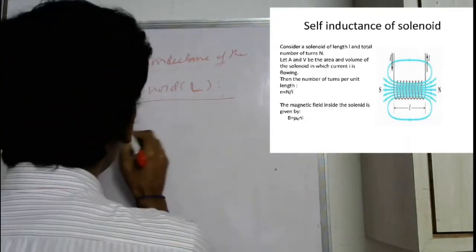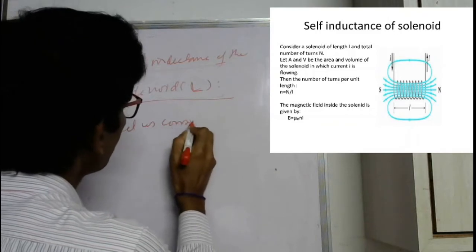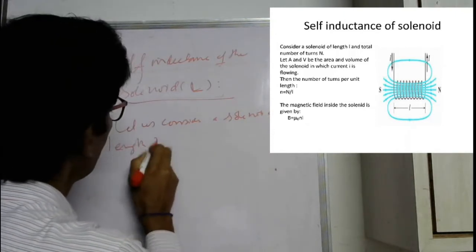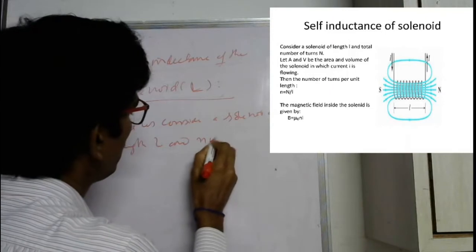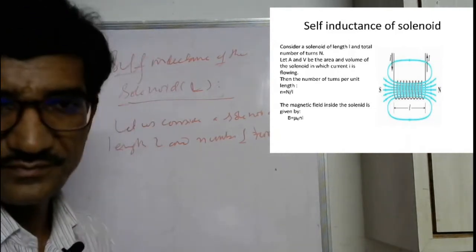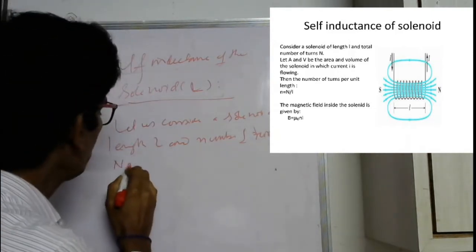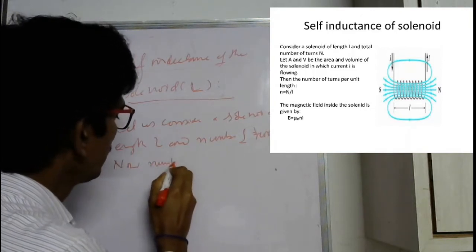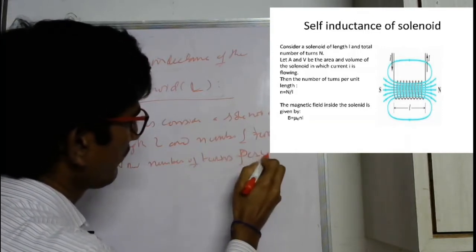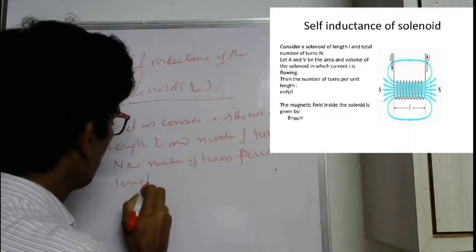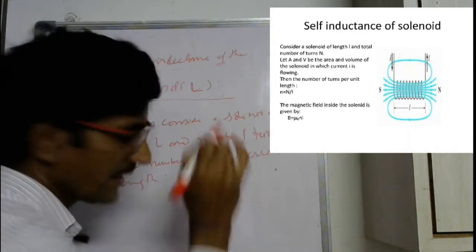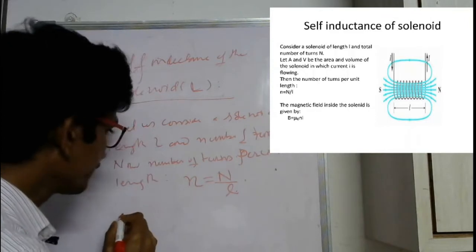Let us consider a solenoid of length L and number of turns N. Now the number of turns per unit length, we define one more quantity, and this becomes n equals N by L.